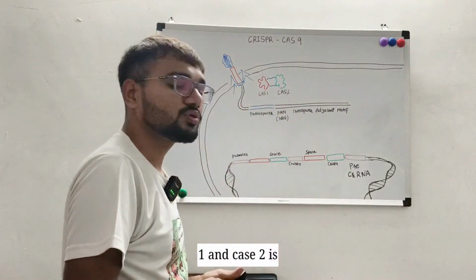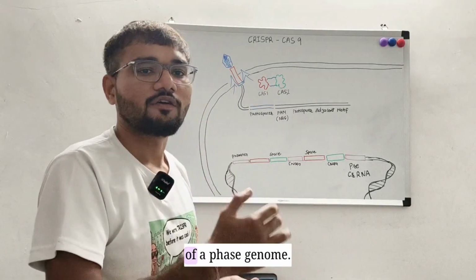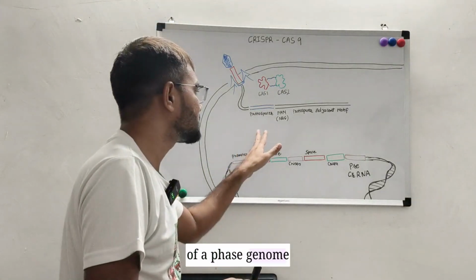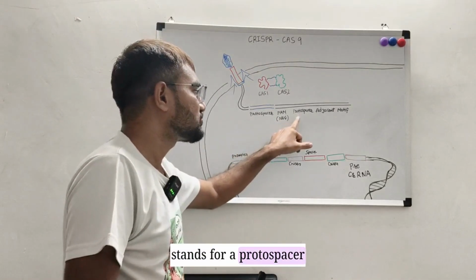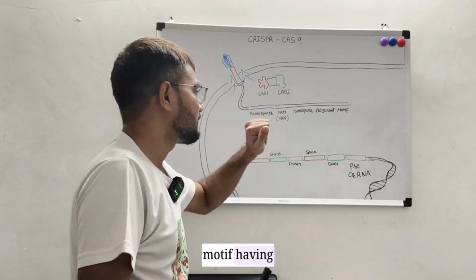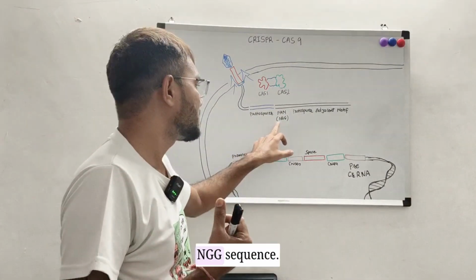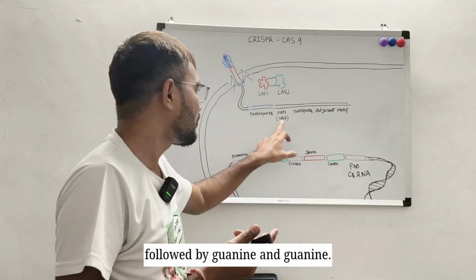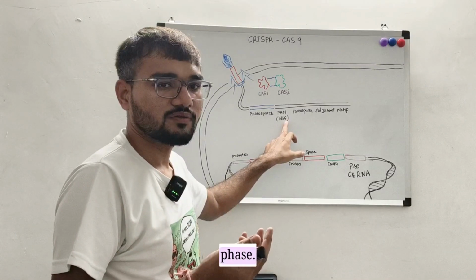Cas1 and Cas2 bind at specific sites of a phage genome, and that specific site of the phage genome is the PAM site. PAM stands for protospacer adjacent motif, having a unique code, the NGG sequence. N stands for any nucleotide followed by guanine and guanine.